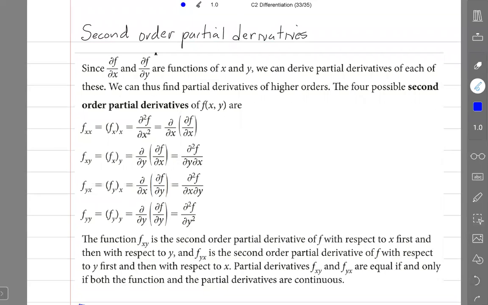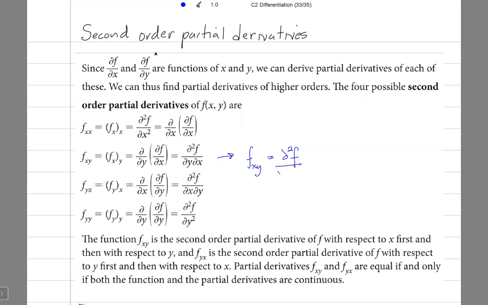Now f subscript xy is saying that you must differentiate partially with respect to x first and then differentiate partially with respect to y. So note, f_xy, which says differentiate partially with respect to x first and then partially with respect to y, is written as ∂²f/∂y∂x.